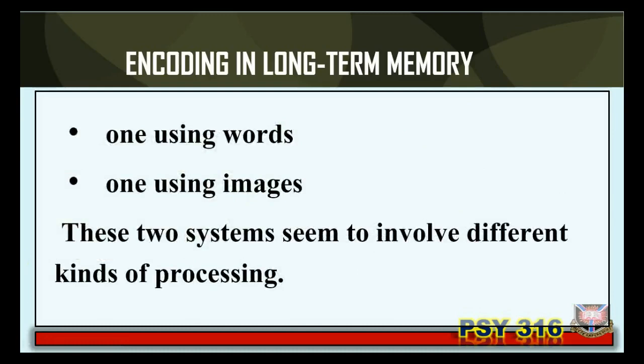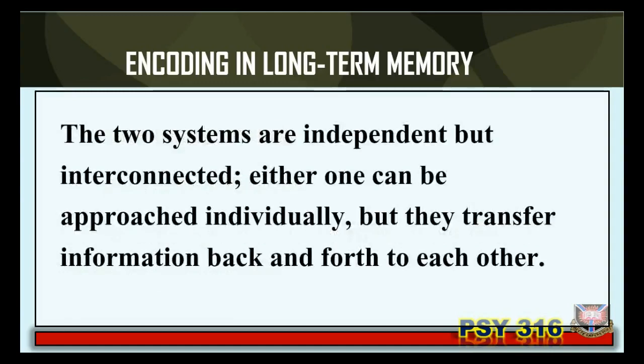According to this dual coding hypothesis (Powell, 1975), we use imagery for information about concrete objects and events, and we use words for ideas and language. The two systems are independent but interconnected. Either one can be approached individually, but they transfer information back and forth to each other.